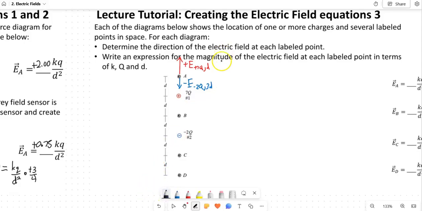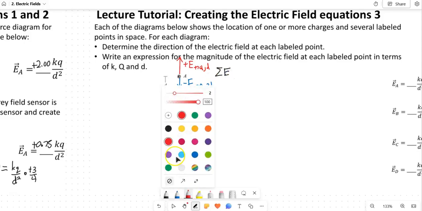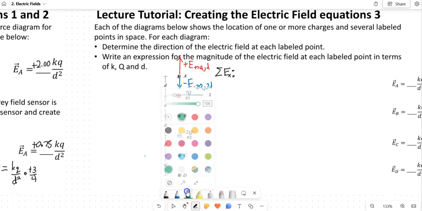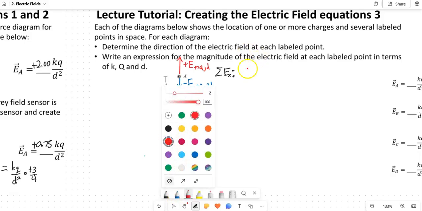So when you sum the electric field here, this one you could kind of skip the formal coordinate system if you want. It's supposed to be a real quick diagram. You don't have to get too crazy with it. You can just do it like this. And then, like I taught you, go right to the equation.